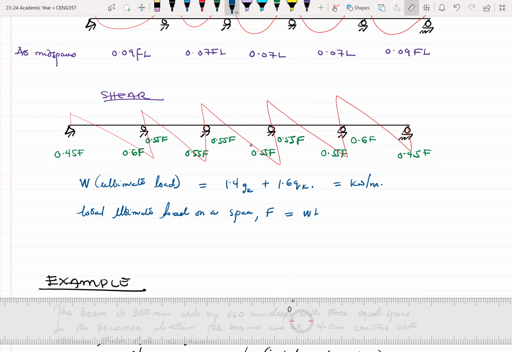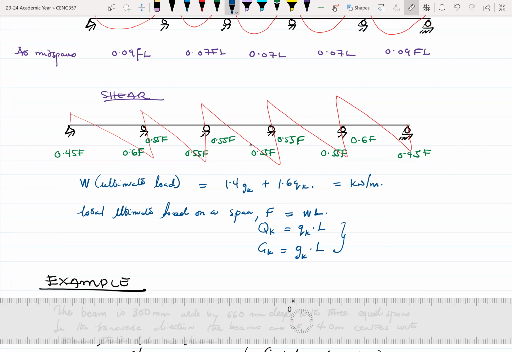All right, so after you find your W, you can multiply that by L. Or another way that you can do is that you can find big QK, where big QK is equal to small QK times L, and big GK is equal to small GK times L. All right.